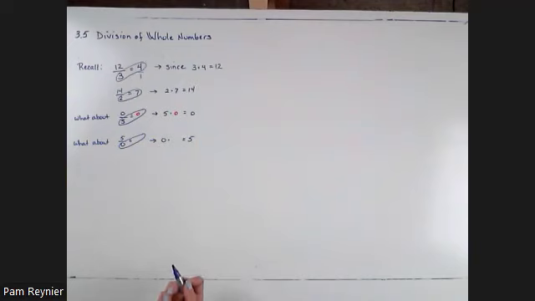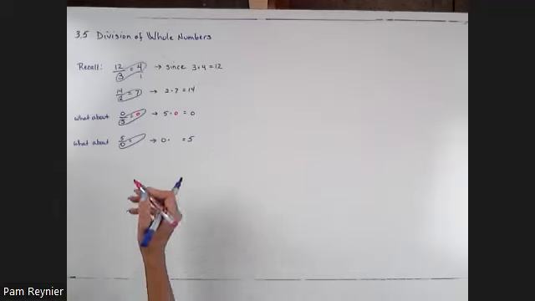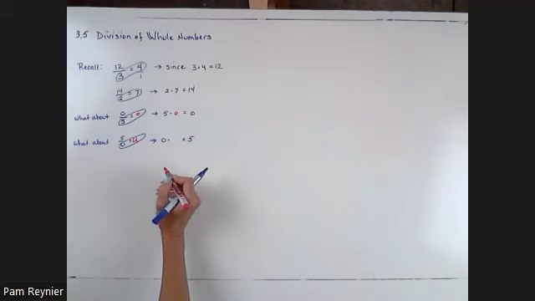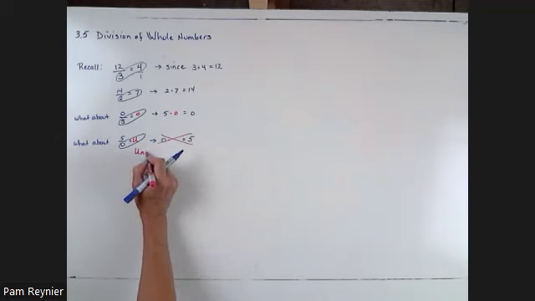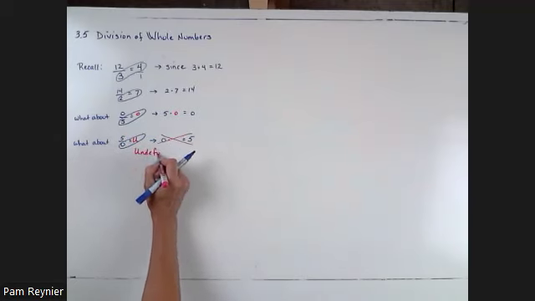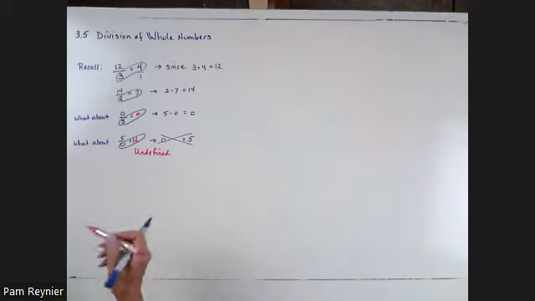No. 0 times anything is 0. So this cannot happen. This is called undefined. We cannot take a number and divide by 0 and produce a number.